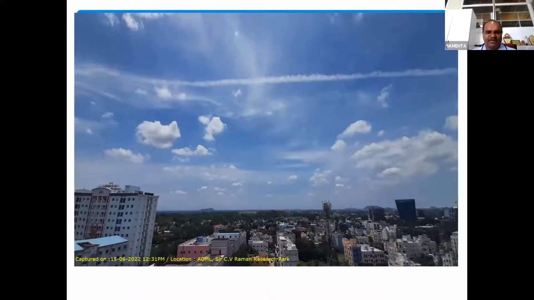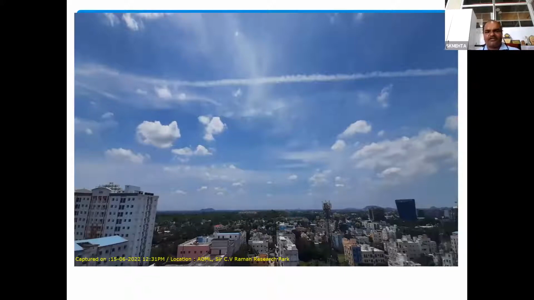So curiosity may come to us: although we see it, how to measure it, how to profile it. Then development happened, and there are various remote sensing instruments, one of which is the lidar. Lidar can be useful to understand the atmospheric boundary layer variability, which we don't see but experience, and aerosol also.